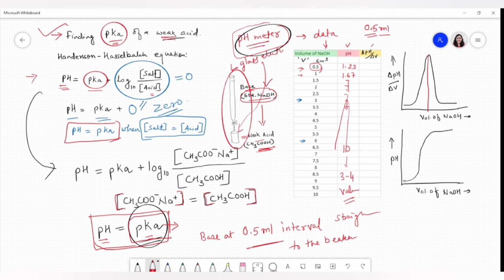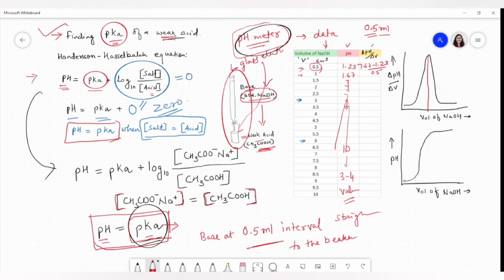You will just calculate the delta pH upon delta V. How will we do it? For example, here delta pH means this minus this. So 1.67 minus 1.23 divided by 0.5. So this will give you this value. Then you keep on calculating this value like this over here, and you will complete your table, right?